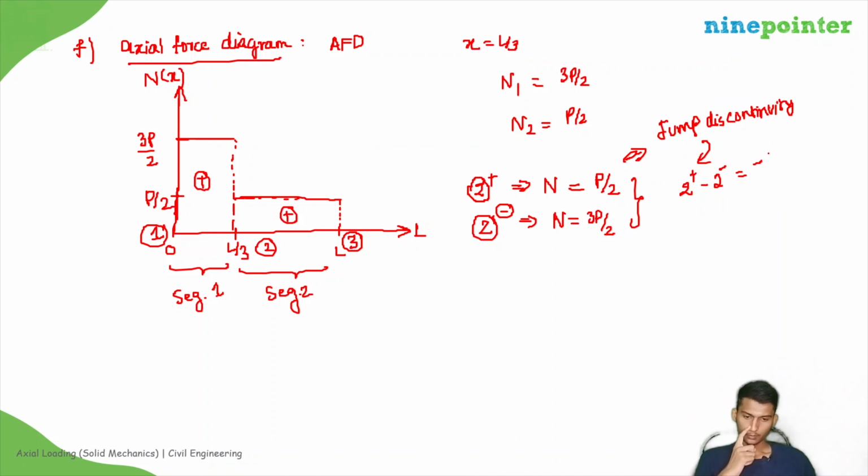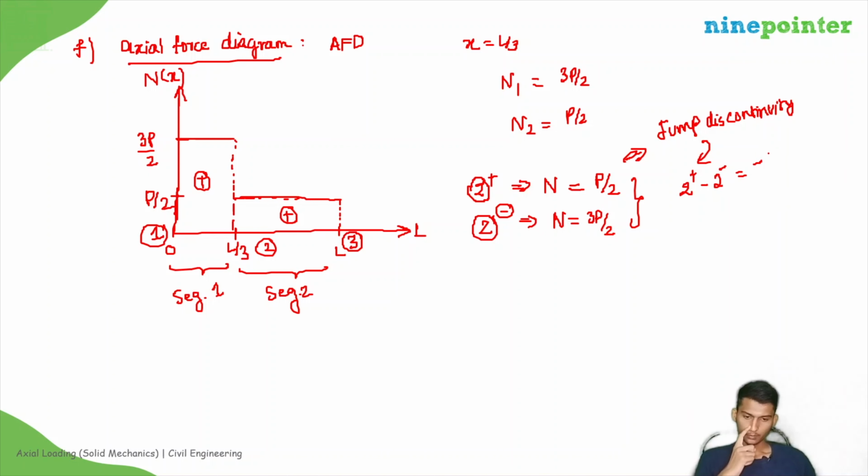So from basic mathematics, we know that if a function is discontinuous, I can say the graph is discontinuous at a point, then the value of that function is not defined at that point.